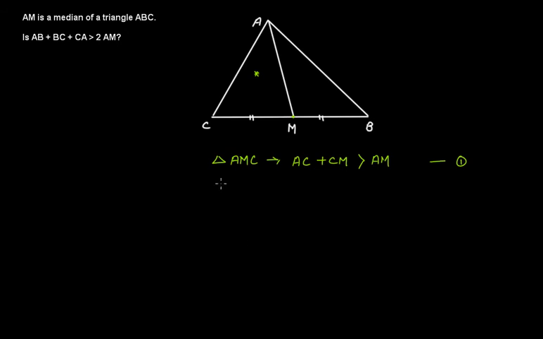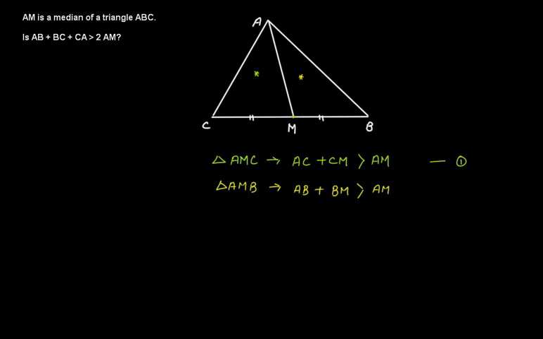In triangle AMB, AB plus BM will be greater than this side AM. Whether you write AM or MA doesn't matter, both are equal.